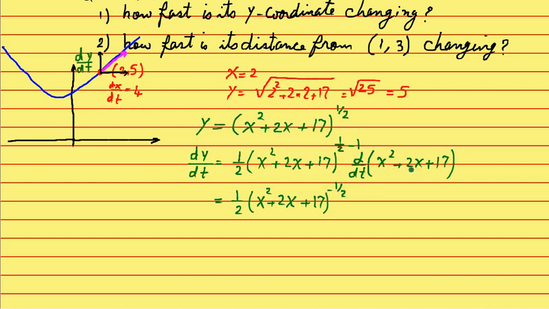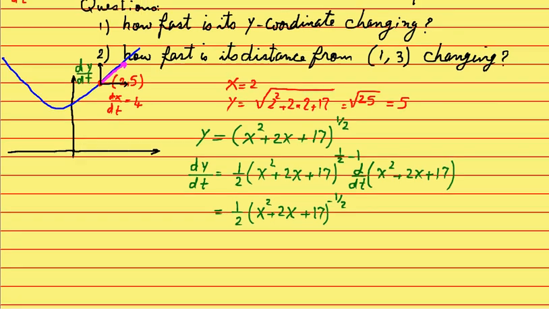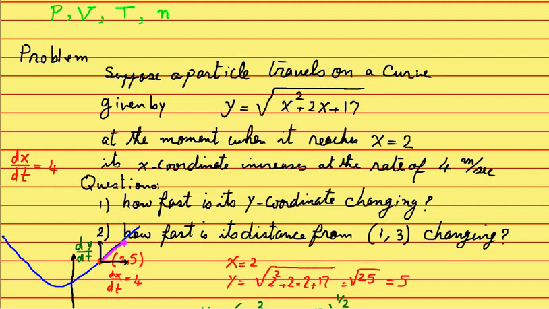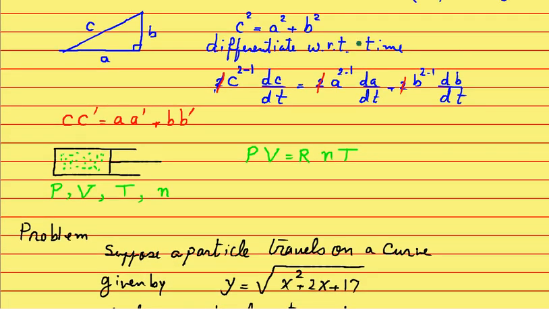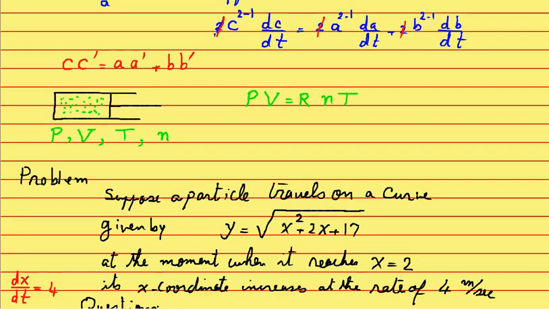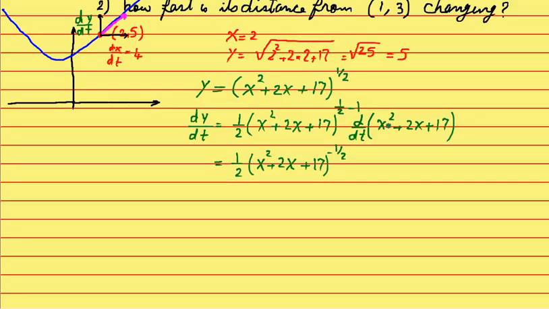Derivative of this, derivative of x squared with respect to t. I remind you again, we are differentiating with respect to t, and like the derivative of A squared was A times dA/dt. Here, the derivative of x squared with respect to t has two components.